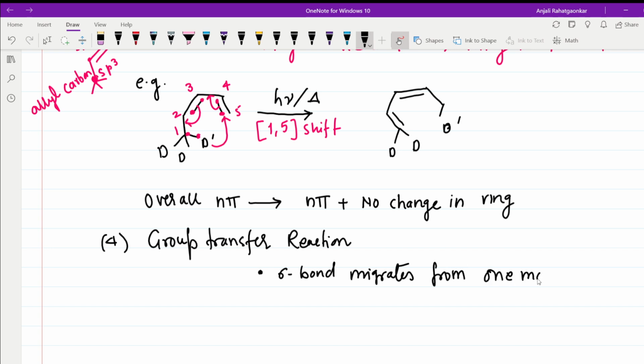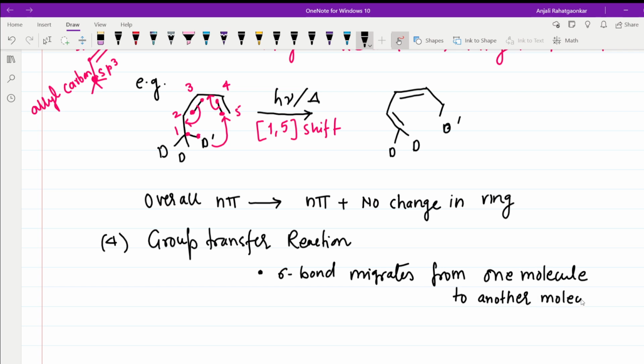Please remember that in the sigmatropic reaction there is only one component, a single molecule, but in the group transfer there is a migration of sigma bond from one molecule to another molecule. This is the difference. Please note.